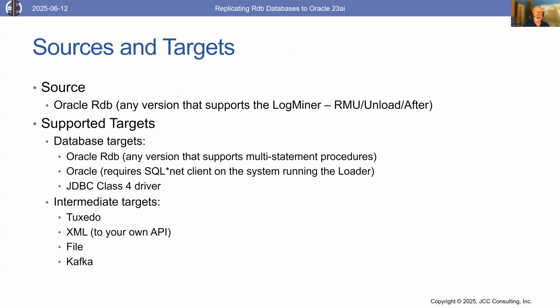There are database targets such as Oracle Rdb, Oracle using the SQLnet client, or a JDBC Class 4 driver. We also support replicating to a number of intermediate targets such as Tuxedo, XML with your own API, a file, or publishing to Kafka.